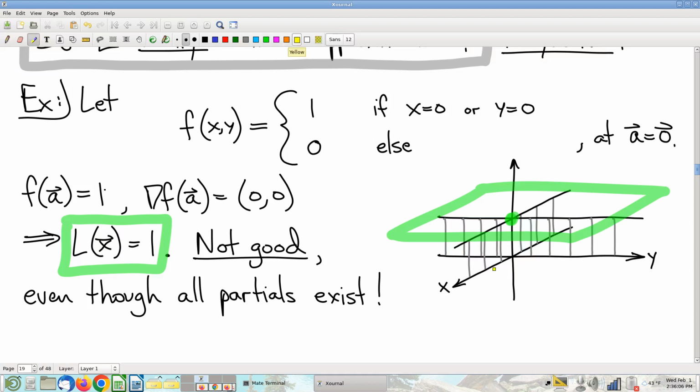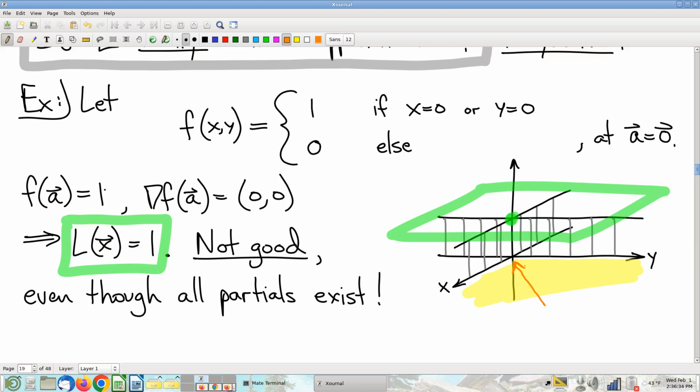which you see down here is 0, and it's 0 all the way as you approach the origin, getting really, really close to it? No matter how close you get to the origin from this direction, the value of the function stays 0, and yet we're claiming that all these zeros are well approximated by this constant function 1.